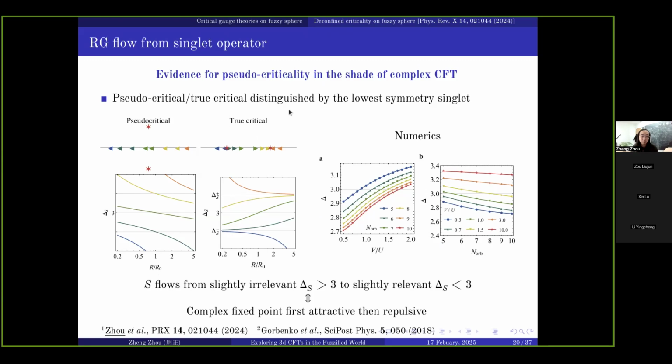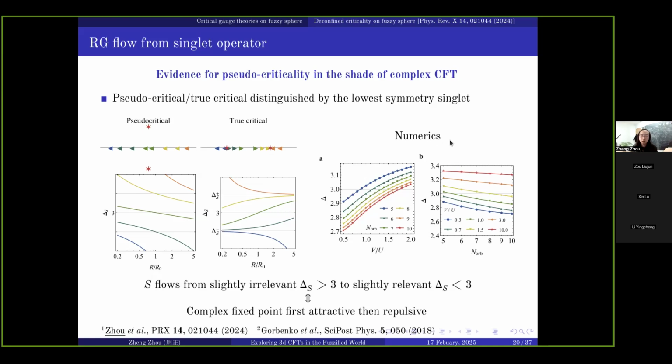So in the pseudo-critical case, the singlet S flows from slightly irrelevant to slightly relevant, whereas in the truly critical case, the flow is first repulsive and then attractive, which means the scaling dimension will increase from below 3 to above 3.